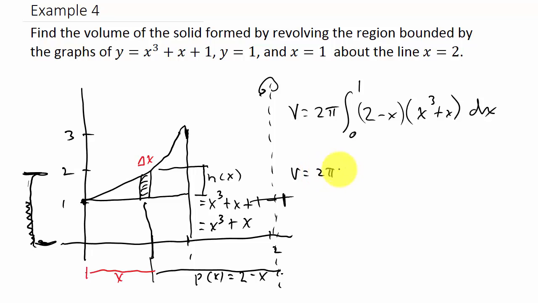So the volume is 2 pi times the integral 0 to 1, and when I multiply this out, I end up with negative x to the fourth plus 2x cubed minus x squared plus 2x dx.